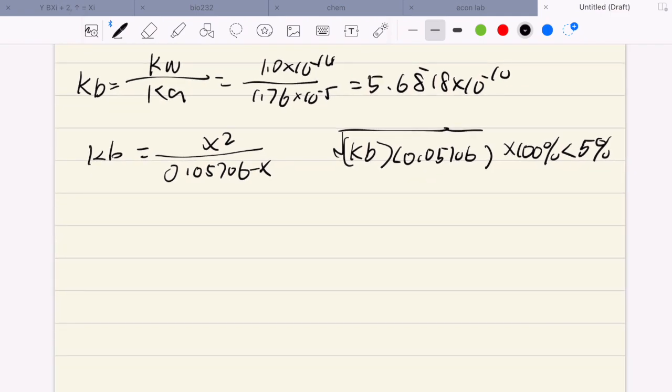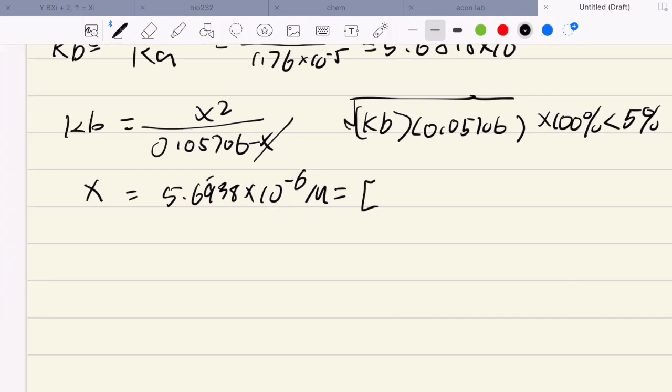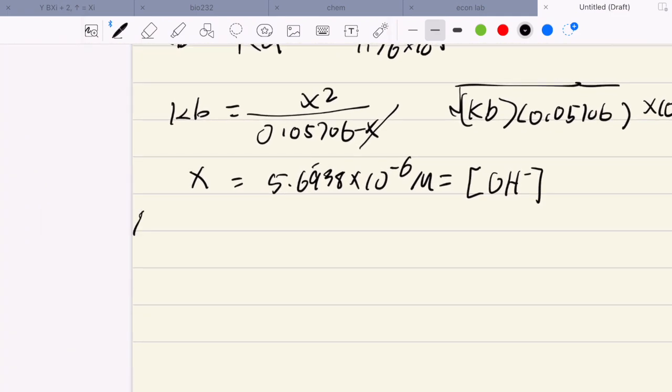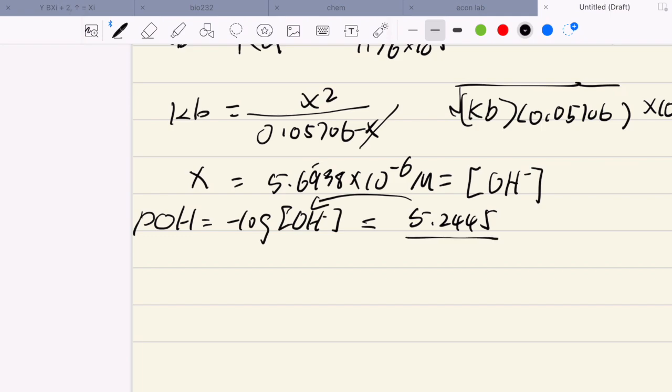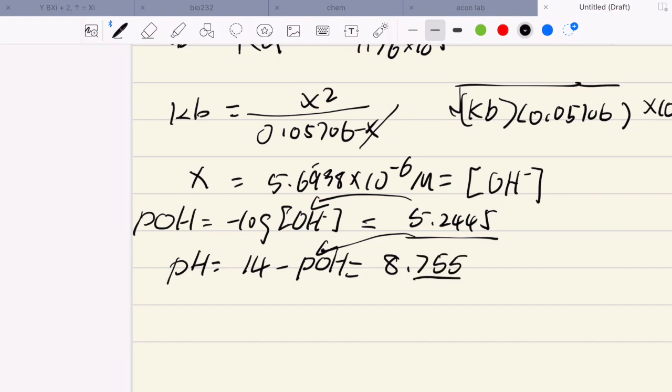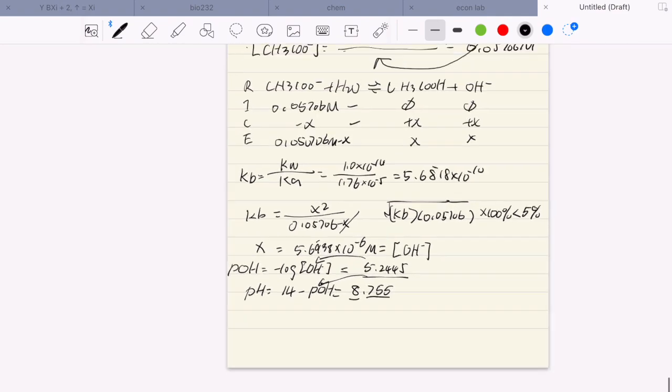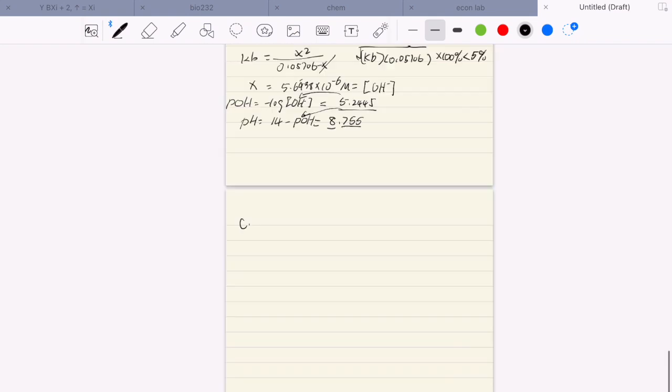So we can eventually get our x equal to this concentration, and it also equals the concentration of OH. So we can calculate pOH by taking the log of it, and then we can calculate pH by using 14 minus pOH. We get 8.75.